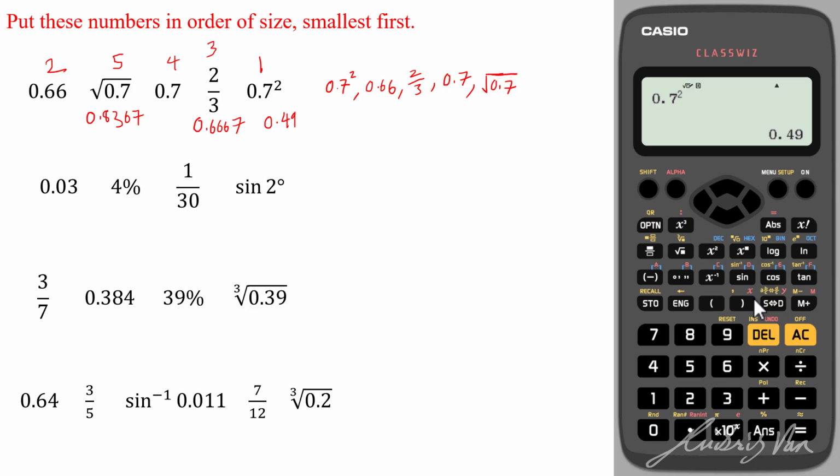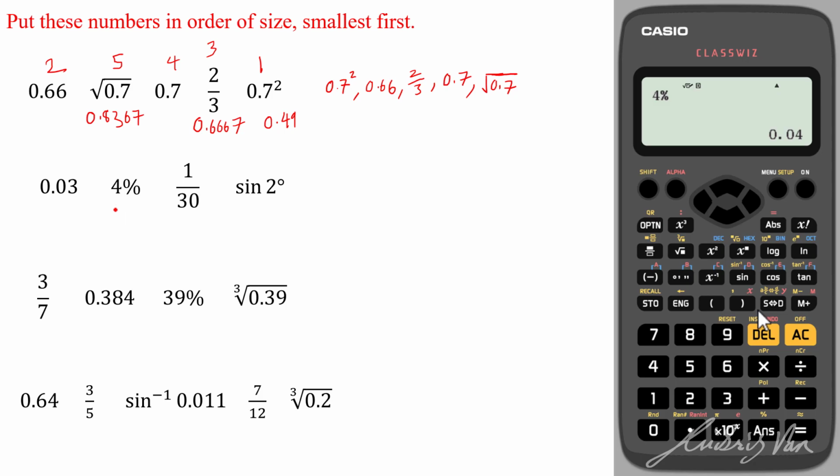So second question, 0.03 is already in decimal. I have to find what is the decimal of 4%. So I press 4 first, then for percentage, which is the yellow color one, I have to type shift, then press the answer, then I will get the percentage sign, then equal, I get a fraction, convert this into decimal, I will get 0.04.